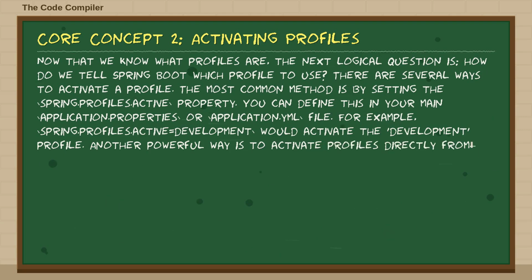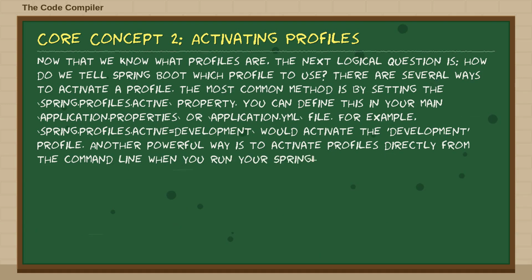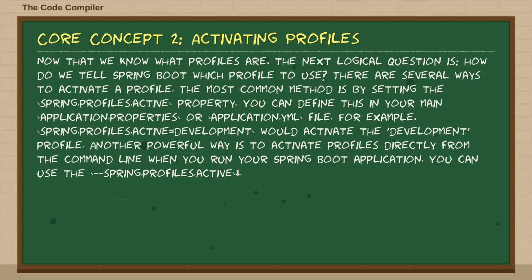Another powerful way is to activate profiles directly from the command line when you run your Spring Boot application. You can use the --spring.profiles.active argument. For instance, java -jar myapp.jar --spring.profiles.active=production would launch your application with the production profile enabled.